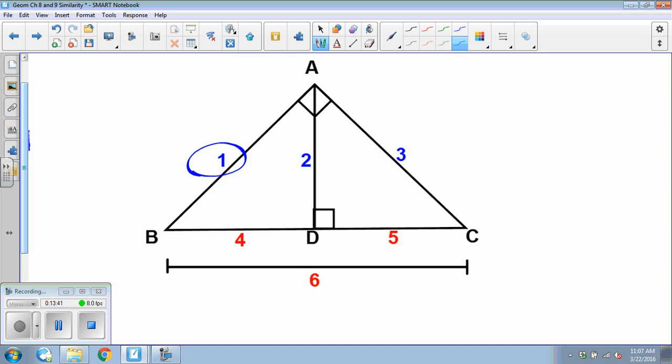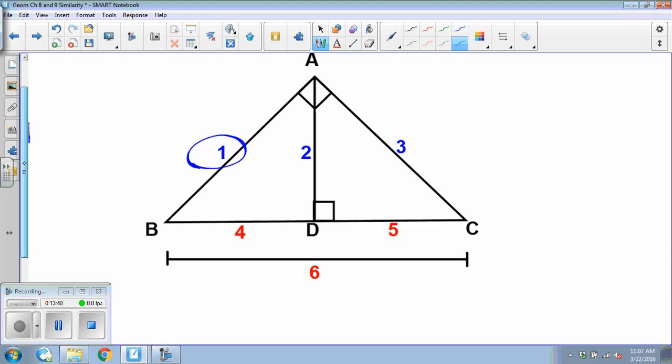So that's how you know which one you need to use, okay, based on the information that they give you. So if I needed to find that segment, somebody raise your hand and tell me what that proportion would look like. Who thinks they can do it? Go ahead. To get that one.